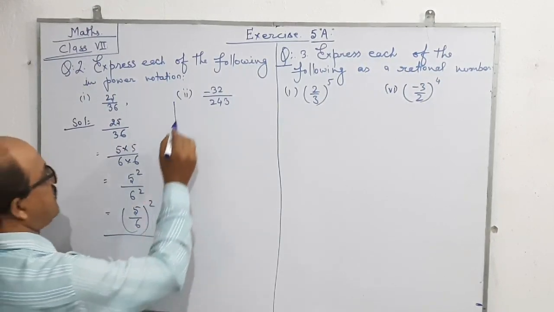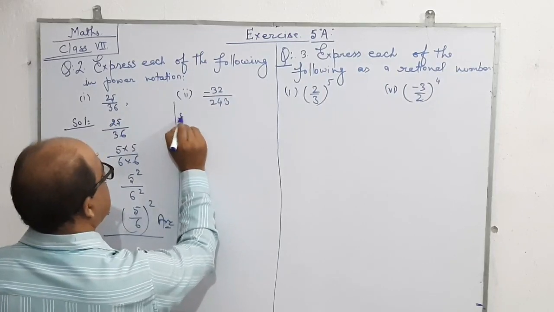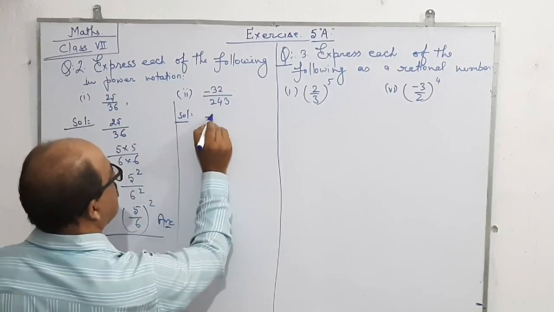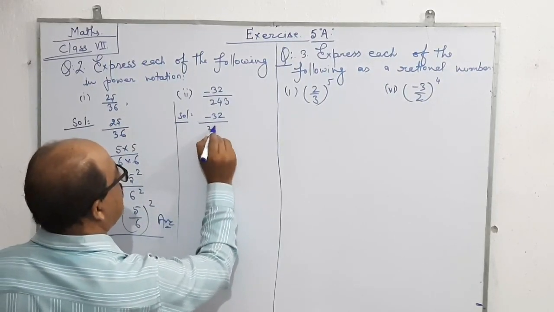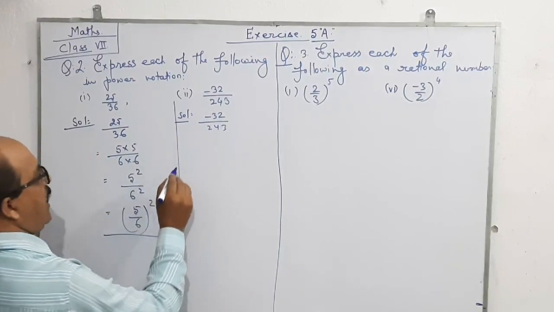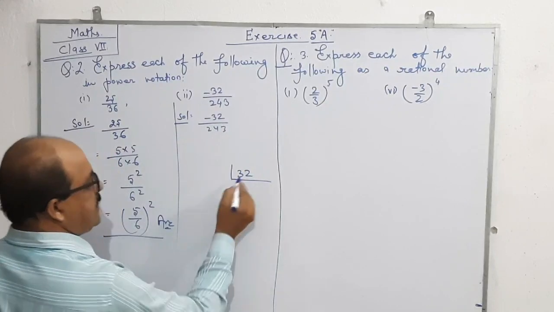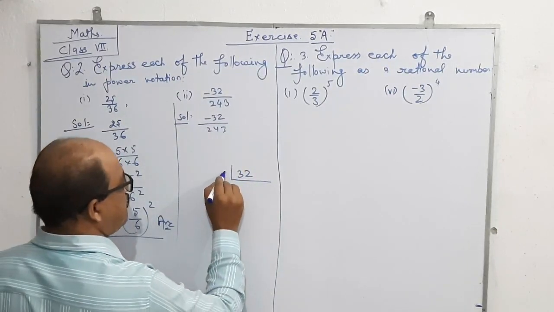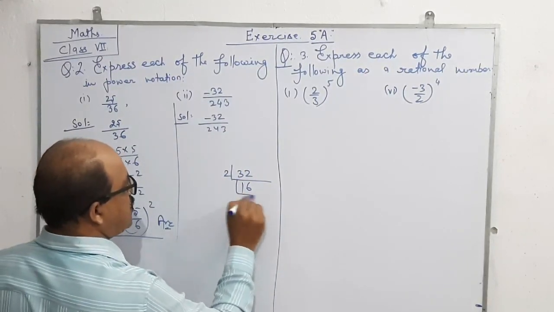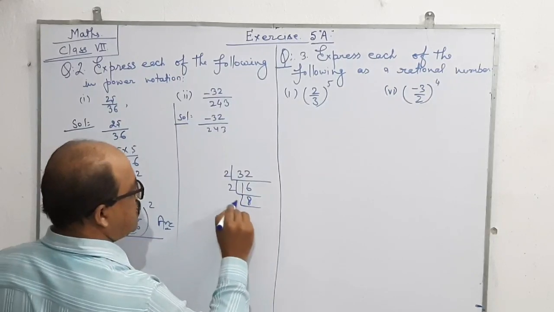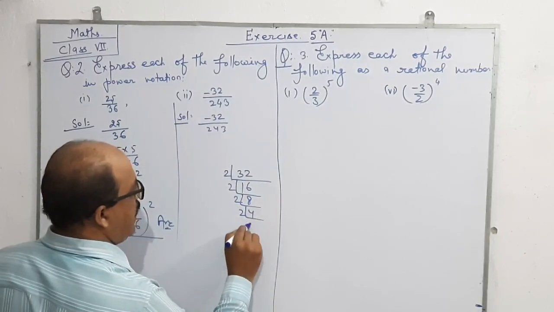The another question, minus 32 by 243. As we know, take the prime factorizations of 32, 2 of 16, 8, 4 and 2.